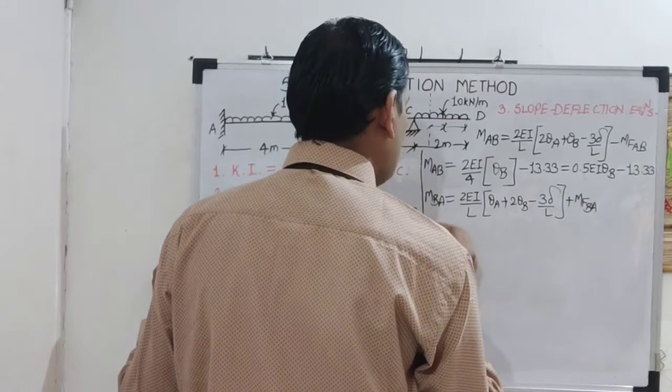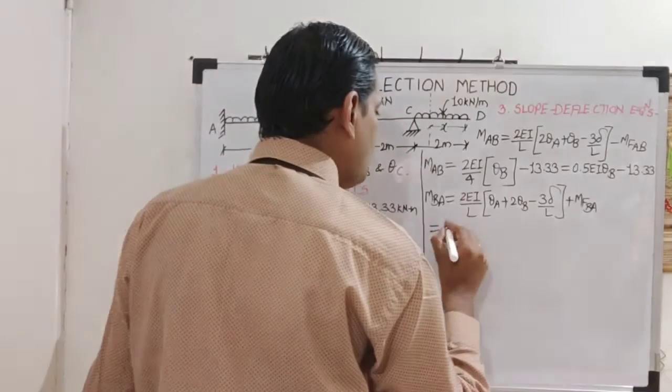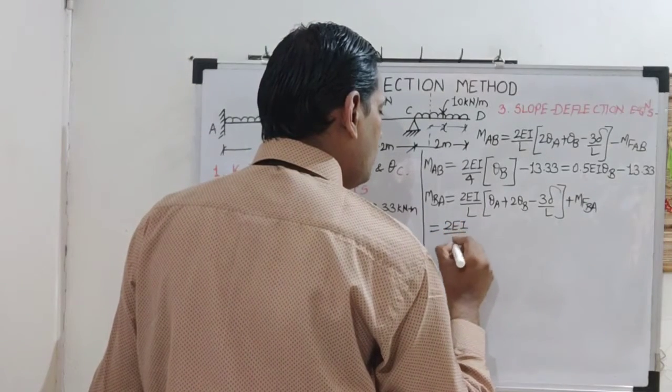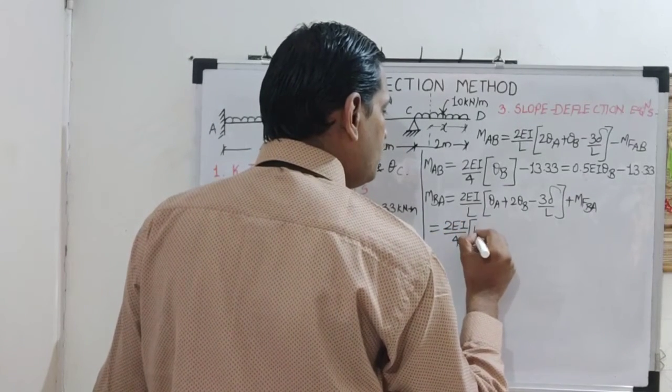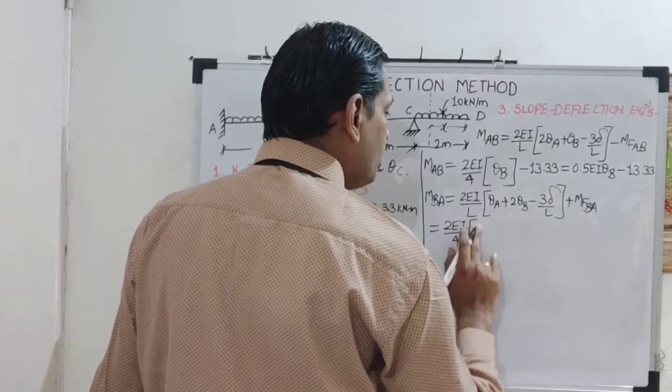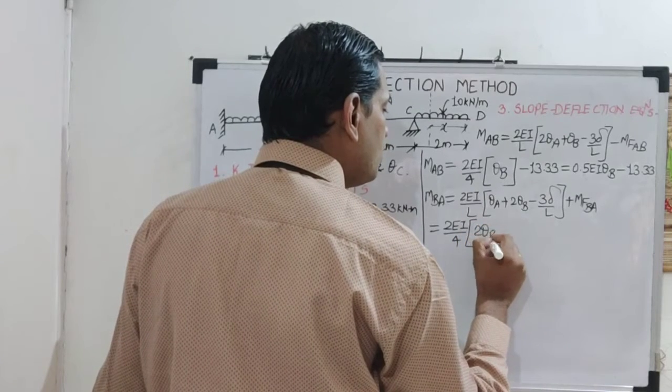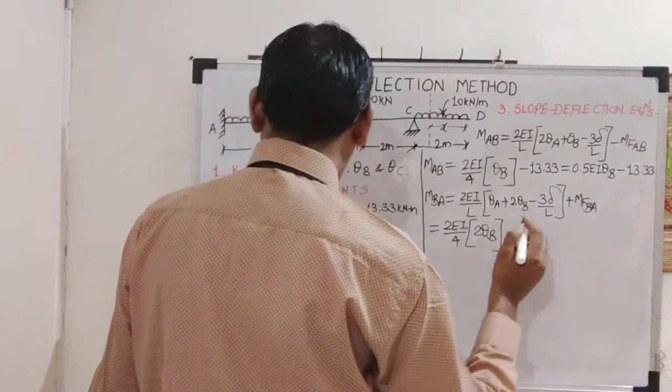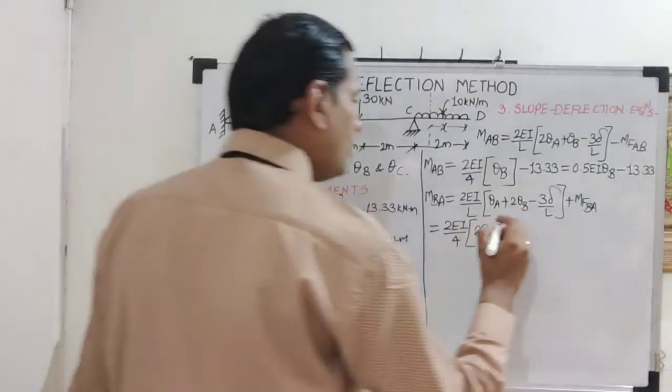Please note the change in the equation. So 2EI by 4 into bracket, theta A is 0 and the middle term is 2 theta B. There is no sinking, so delta is 0, and MFBA is plus 13.33.